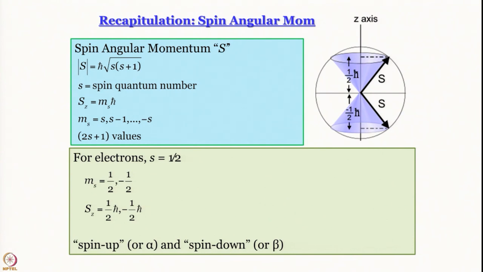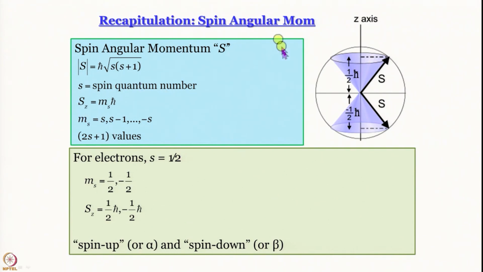We talked about spin angular momentum, and the reason why I bring it up once again, even though you are familiar with this term, is that please do not forget that the spin quantum number of an electron is half, ms is plus half and minus half. Okay.